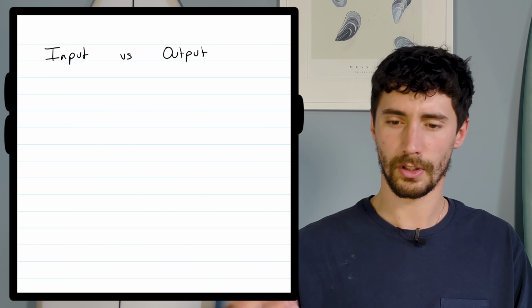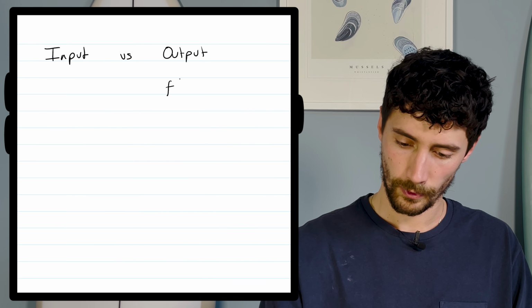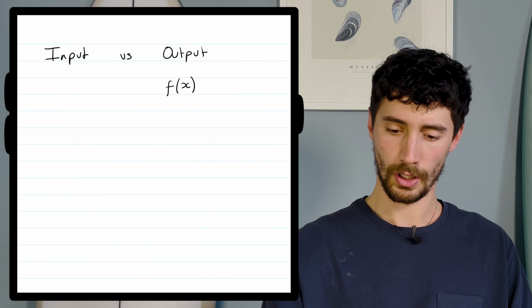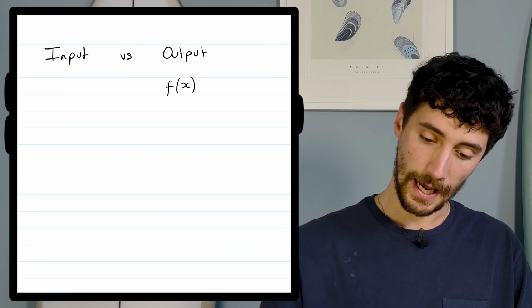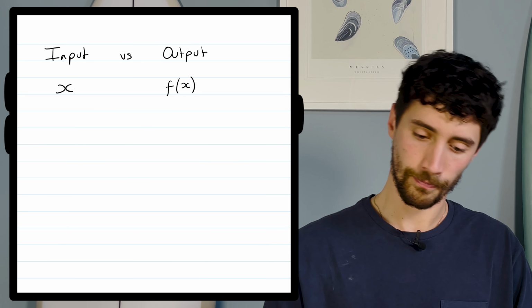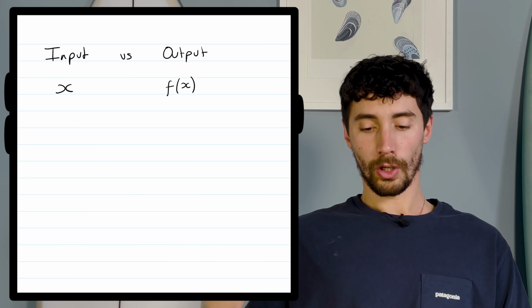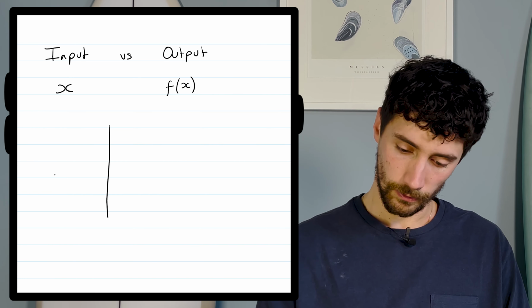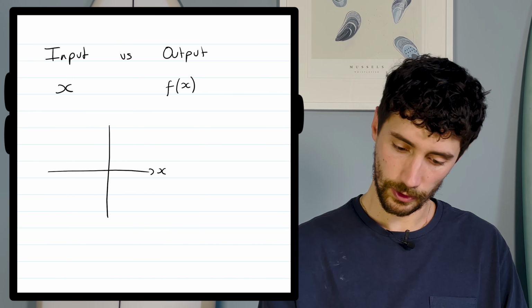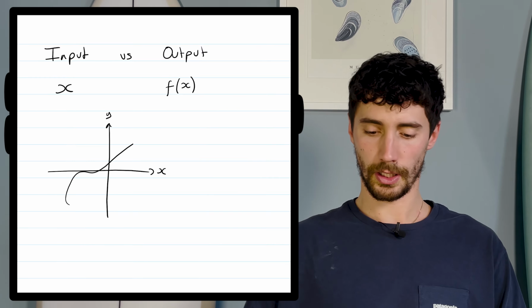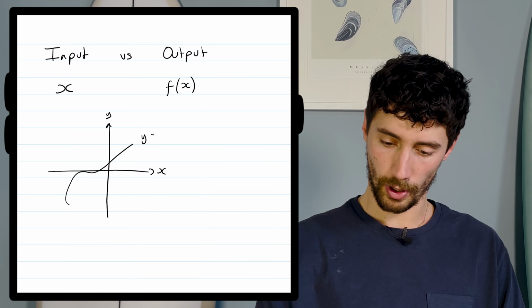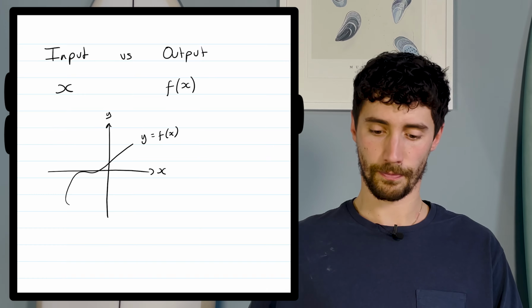If you have a function, f of x, and you plot that function, that is your output. That is what you get out of it. The x is your input, okay? On a Cartesian axis, you have an x-axis and a y-axis, and say your function looks like this. You are plotting the line y is f of x.